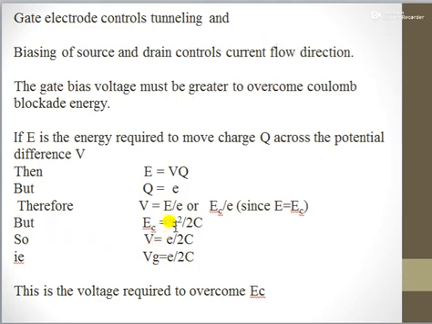But EC is equal to e squared by 2C. So we can have this potential V as e by 2C. That is the gate voltage, which is e by 2C. This is the amount of voltage required to overcome that energy EC.